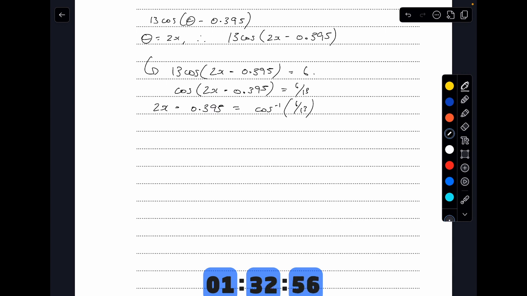And from there we can say the following. Okay, right, I'm going to say let k equal 2x minus 0.395. Okay, so k is now our reference angle. So our reference angle is going to equal 1.19 radians.